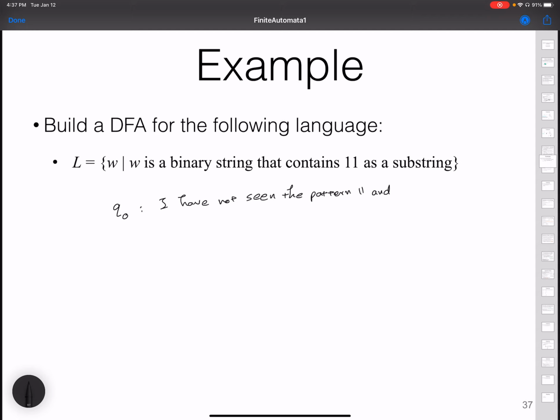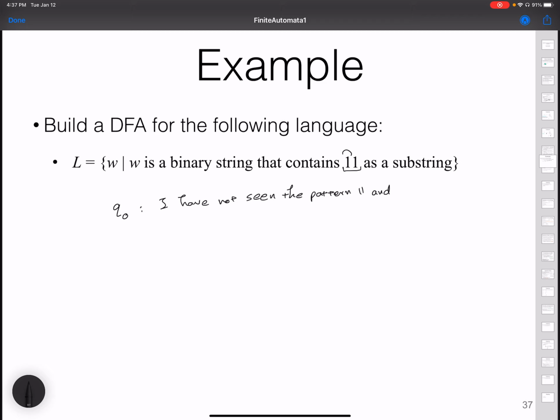Basically, when you have the pattern 1, 1, it means that you care about two things that sequentially are both going to be 1, right? So if I have seen a 1, it means that I have done halfway, right?